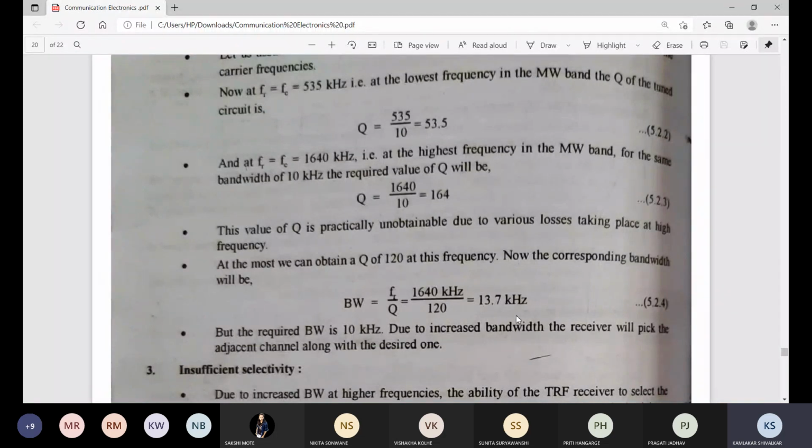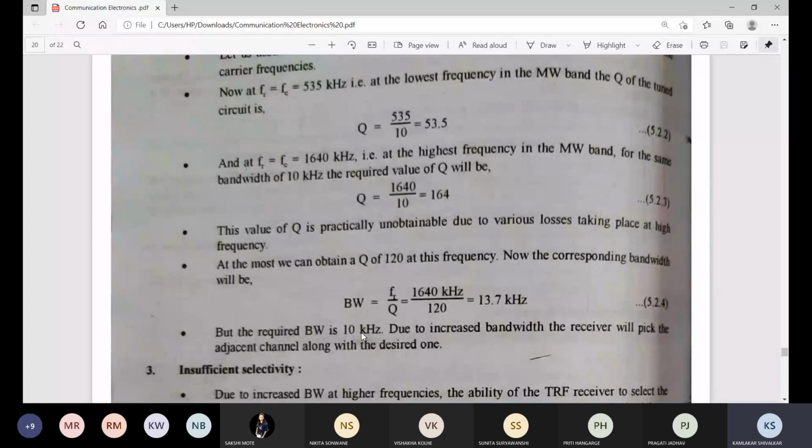The required bandwidth is 10 kilohertz, but the obtainable or calculated bandwidth is 13.7 kilohertz, a variation from 10 to 13.7. So there is an increase in the bandwidth of 3.7 kilohertz.